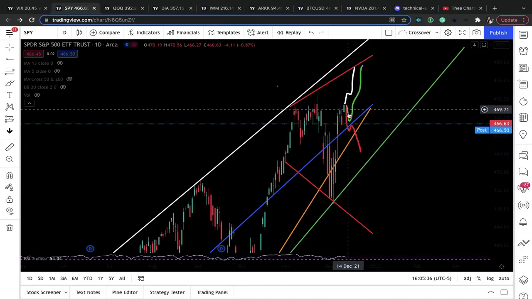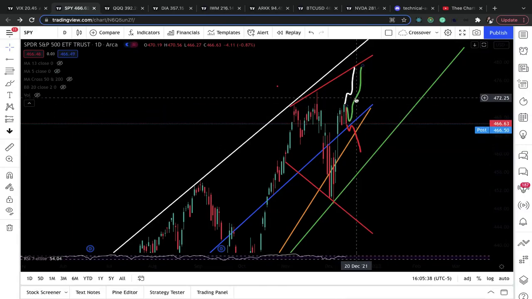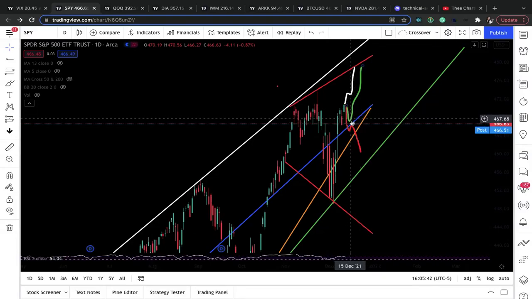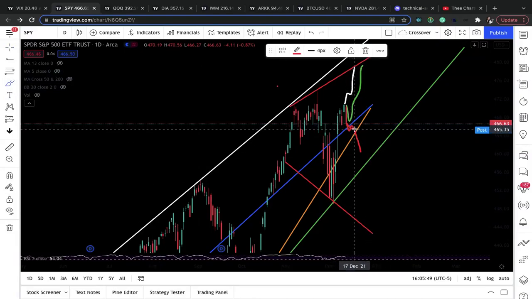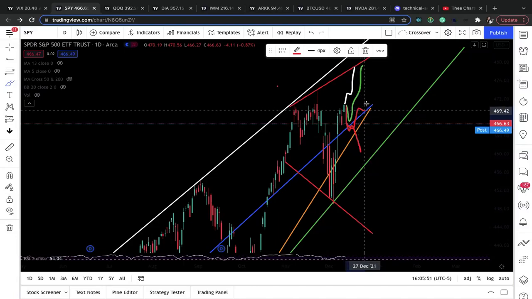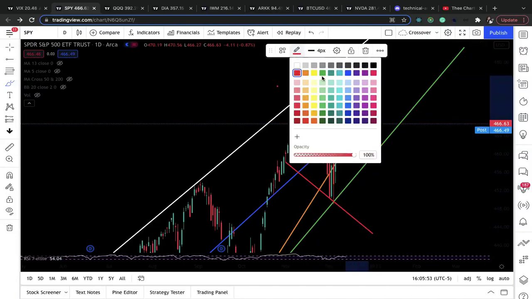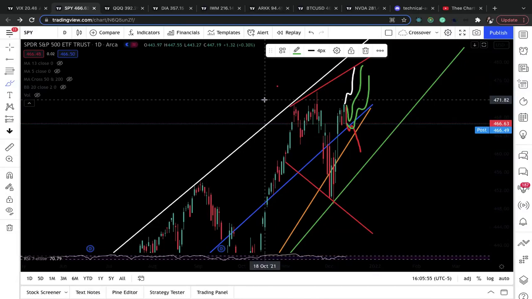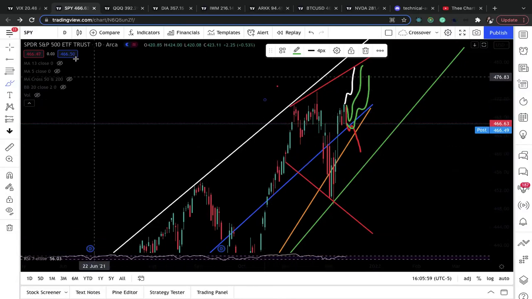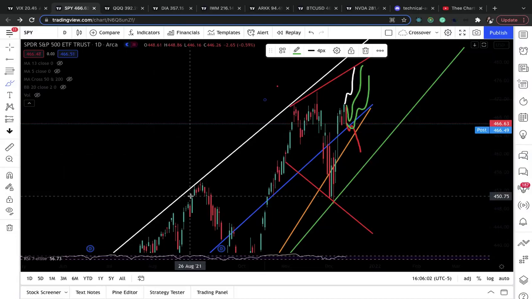Okay, this scenario is still in play, however, as long as it's above this blue rising trend line. Another scenario you could watch out for, if it does break below but then it recaptures, that's another bullish scenario, and I would buy the recapture. Remember, guys, I'm using this on a daily chart, so it could take days to play out.